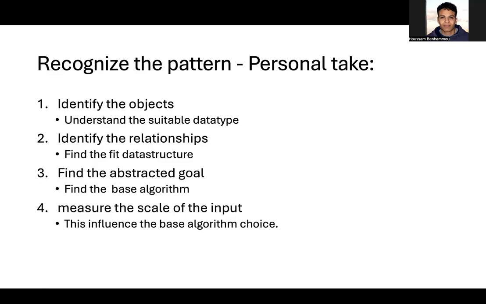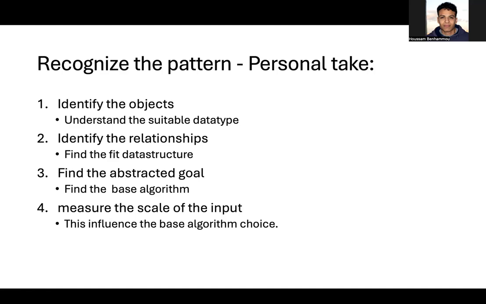And then you're going to find the abstracted goal of the problem that we're having. And what I mean by abstracted goal is, is the problem saying to reach this graph node, for example? Then it is automatically a depth-first or a breadth-first search that you're going to do.